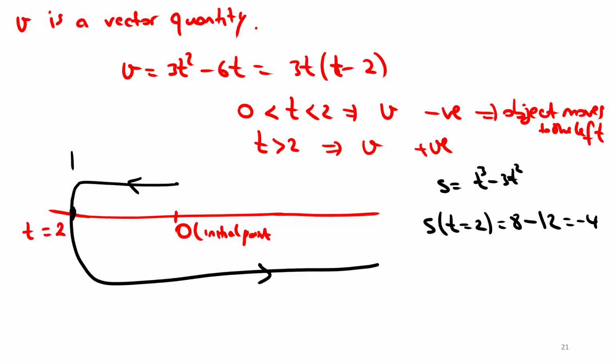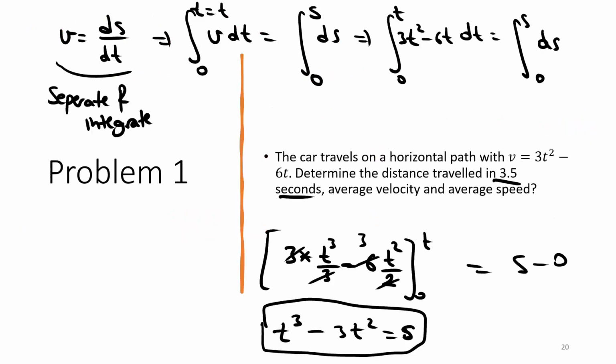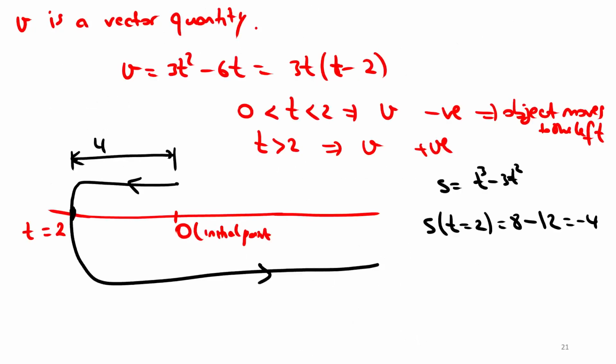So it moves to the left with a distance of 4. I did not specify the unit. It can be feet, miles, meters, whatever. And it will travel the same distance here as well. It will be 4.